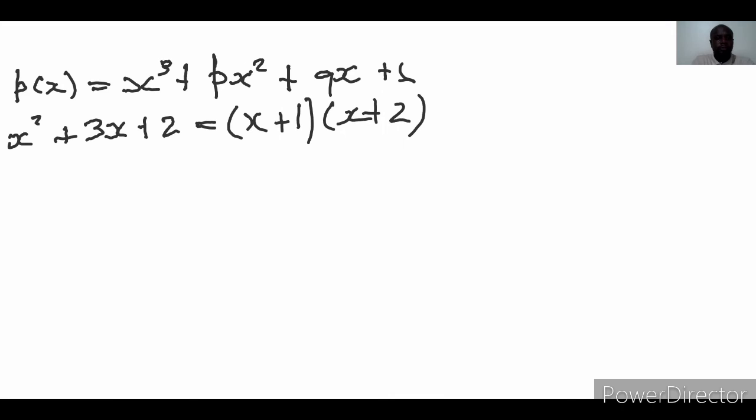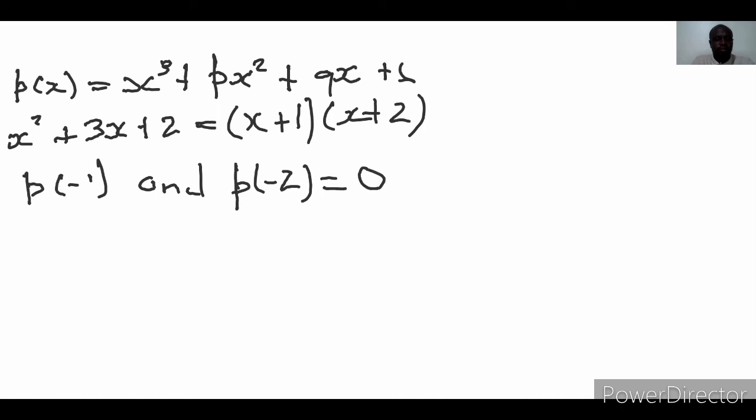And now we have p of negative 1 and p of negative 2, which is equal to 0 by the factor theorem.